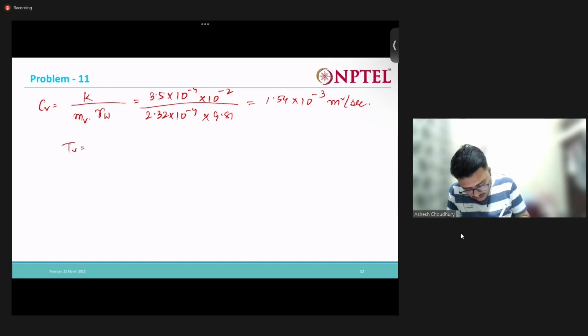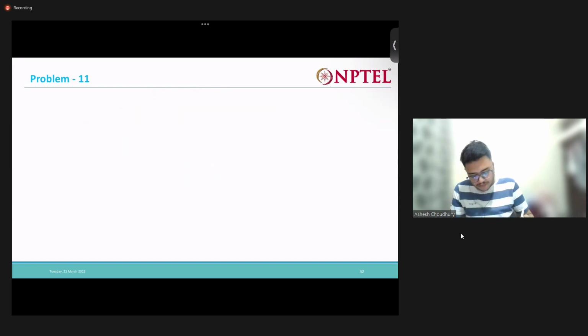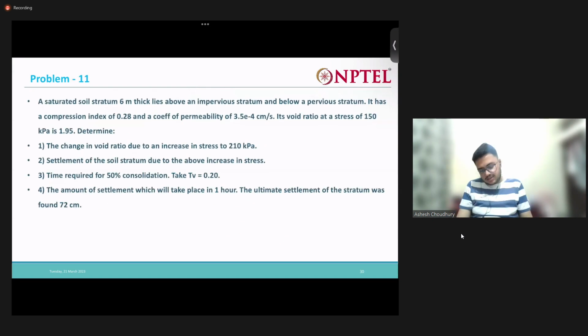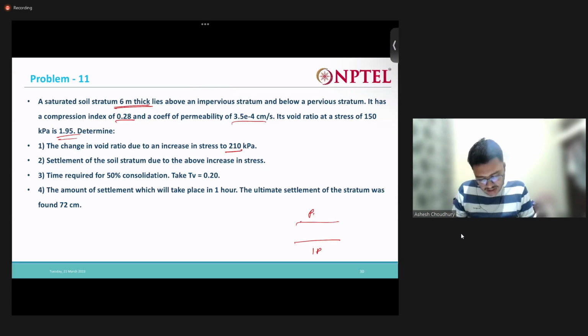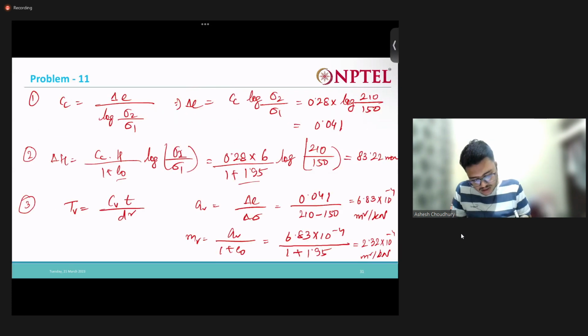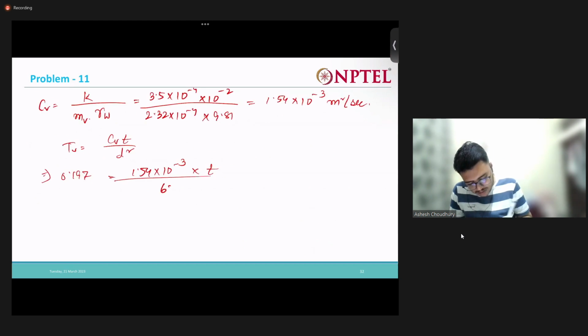Now very simple, t equals Tv d square by cv. For 50% Tv is 0.197. cv is 1.54 into 10 to the power minus 3. T I don't know. So let us see what is d. It will be single drainage, because here it's pervious, here it's impervious. So d will be 6 meters only, 6 square.